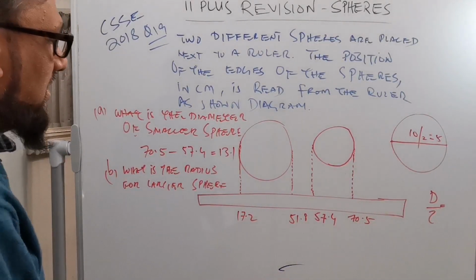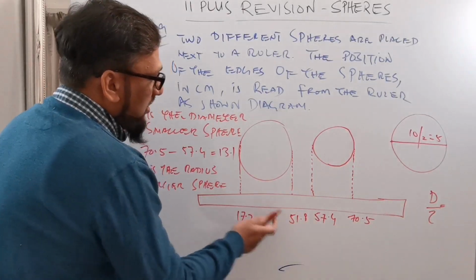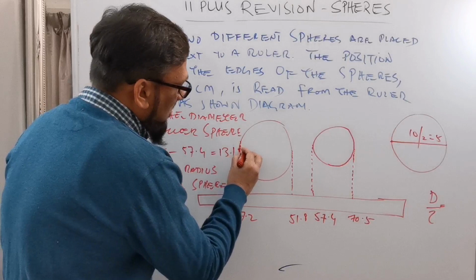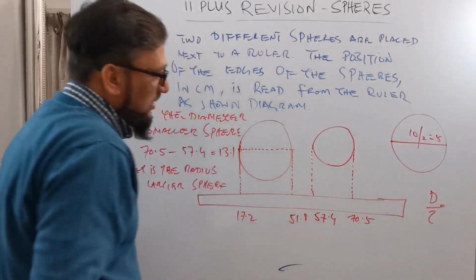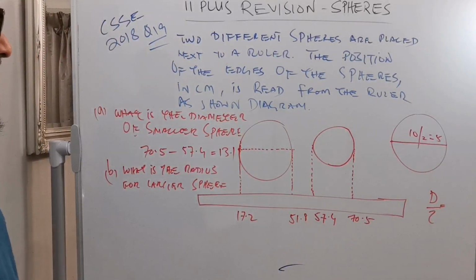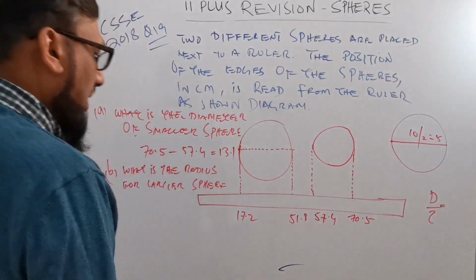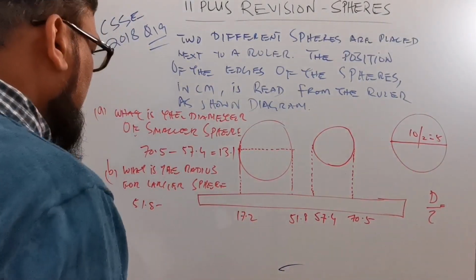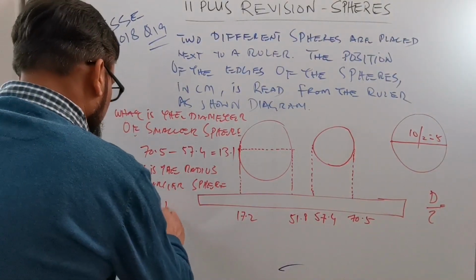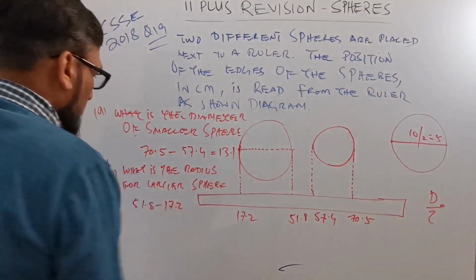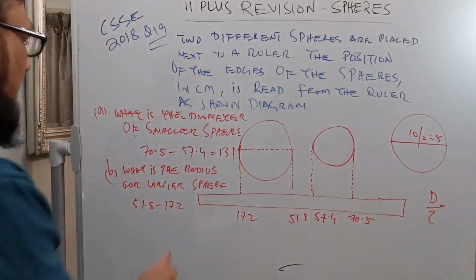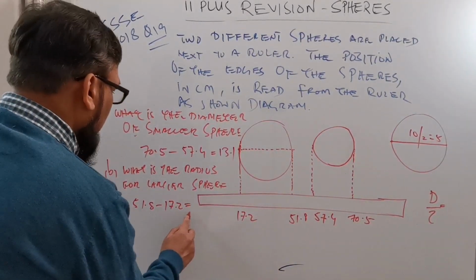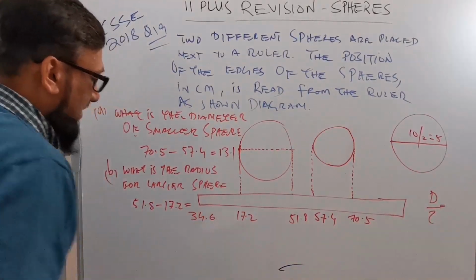We find the diameter first, from this point to this point: 51.8 minus 17.2, which is 34.6.